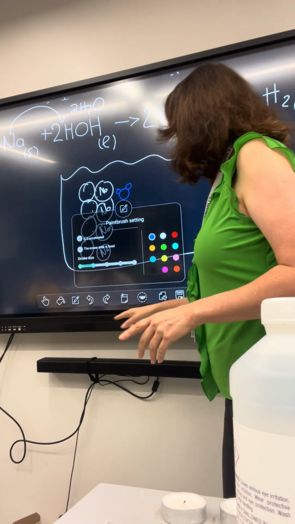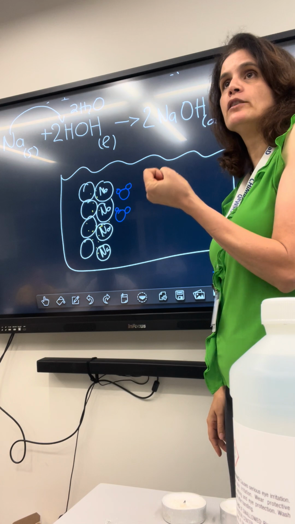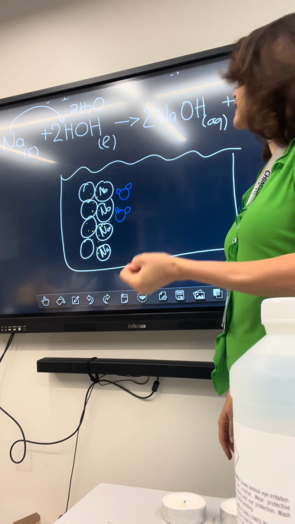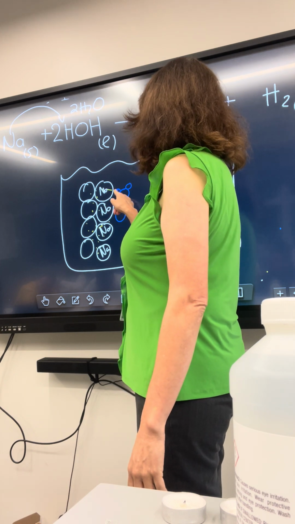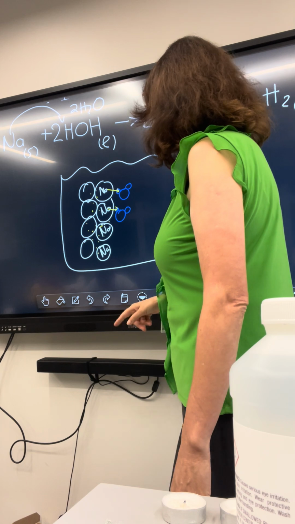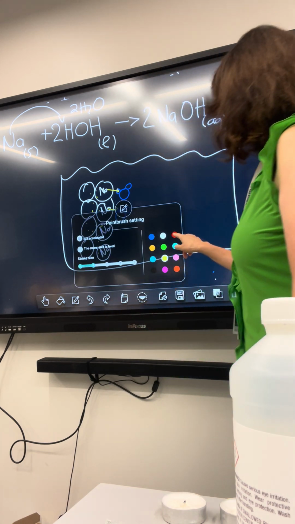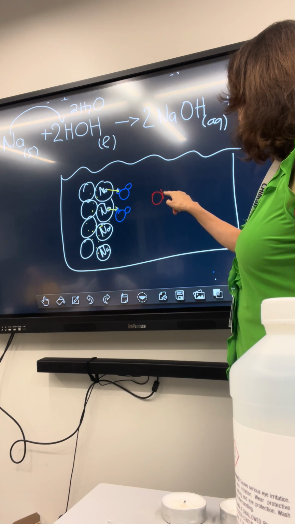And sodium is so reactive that it doesn't care that water is happy and content to be what it is. It doesn't care, it's so reactive because that's the most reactive metal. Each sodium will give an electron to the hydrogen, and that is gonna leave behind an OH minus.